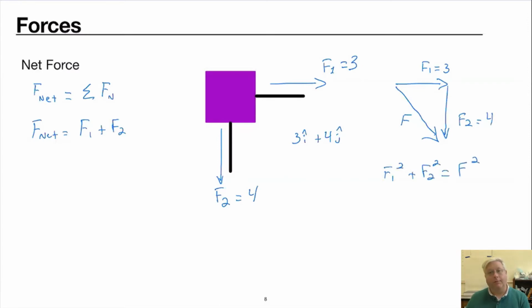That will give us the magnitude. And if we want to find the direction it's going to move in, we can use one of our trig functions to determine that. All right, so we'll do some practice with that.